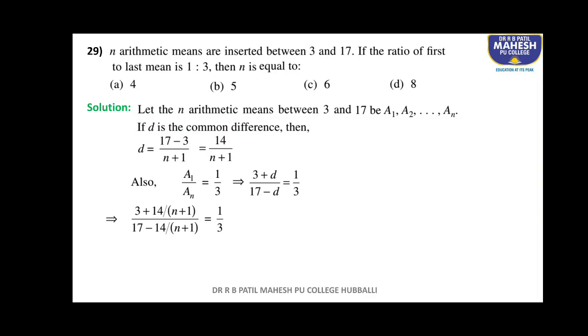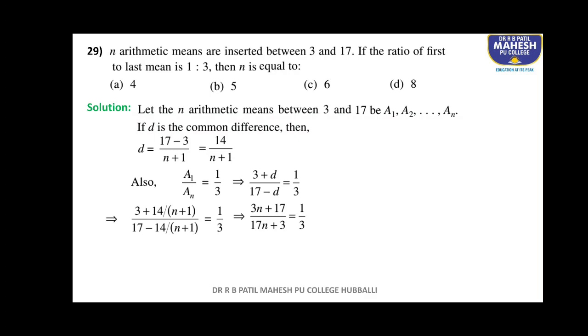By multiplying N plus 1 to 3, we have 3 into (N plus 1) plus 14, divided by N plus 1, divided by 17 into (N plus 1) minus 14, divided by N plus 1. In both the denominators we have N plus 1, so we can cancel them. Therefore, in the LHS part, we have (3n plus 17) divided by (17n plus 3) equal to 1 by 3.